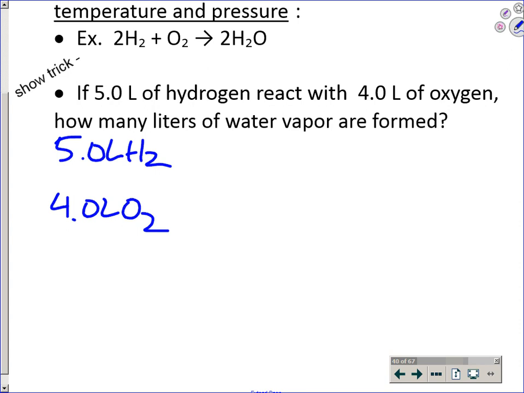Do I need more or less oxygen to react with my hydrogen? I need a 2-to-1 ratio. Right? So for every 2 hydrogens, I require 1 oxygen. So I need half of the oxygen, right? So if I have 5 liters of hydrogen, how much oxygen theoretically should I need? Half of that, right? 2.5. How much do I have? 4. What's going to happen? So who's in excess?